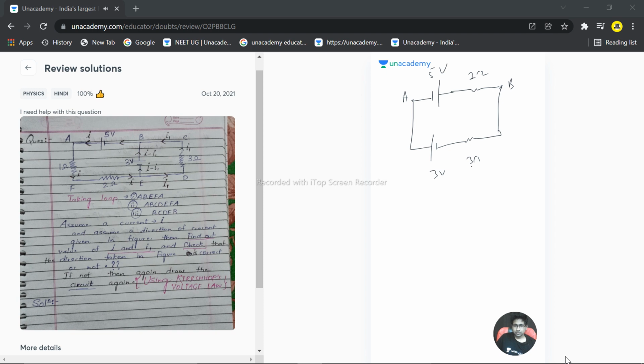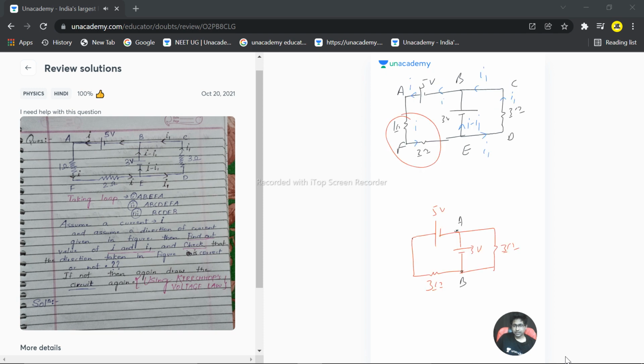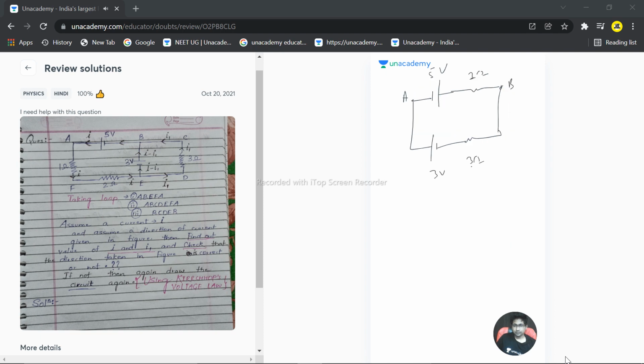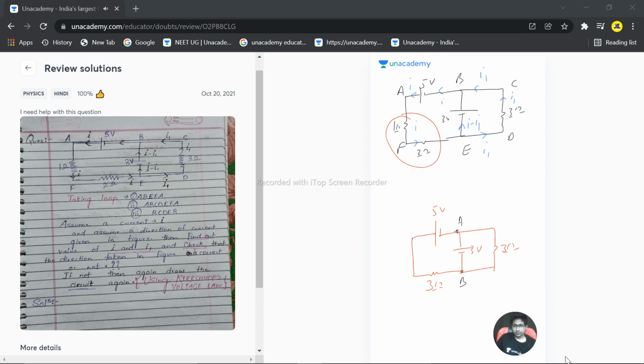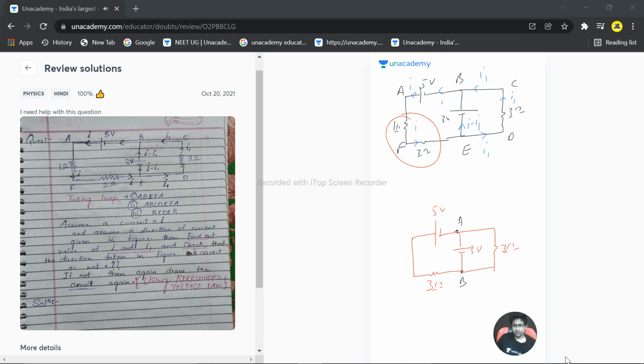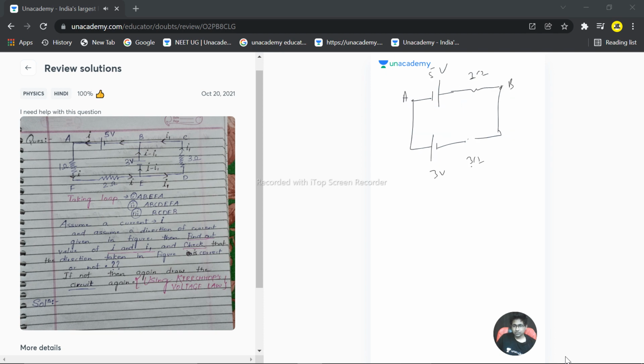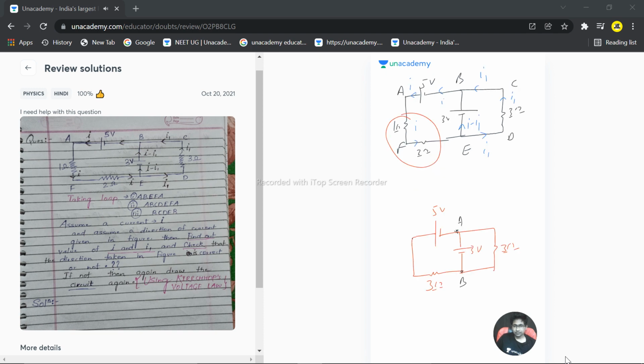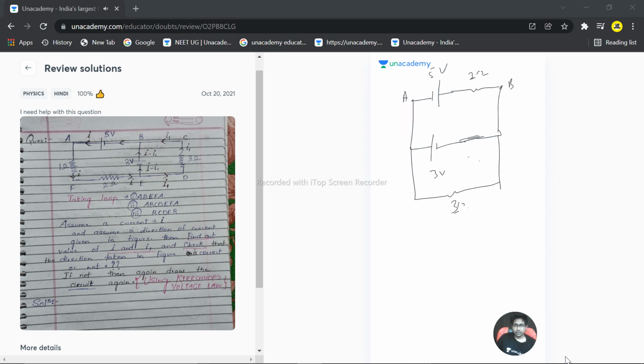The positive terminal of the 3 volt battery is connected to A and the negative to B, between A and B. This resistor is not present here, so it is just a battery like this, and there is a 3 ohm resistor between A and B. So this is the overall circuit we have.